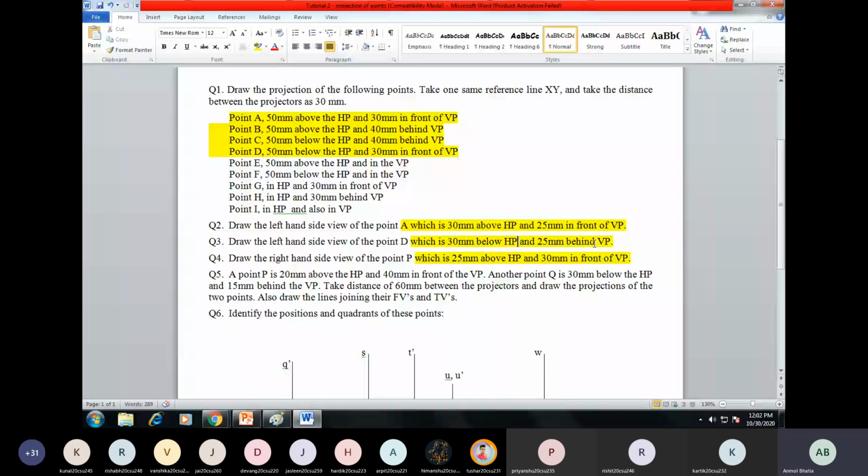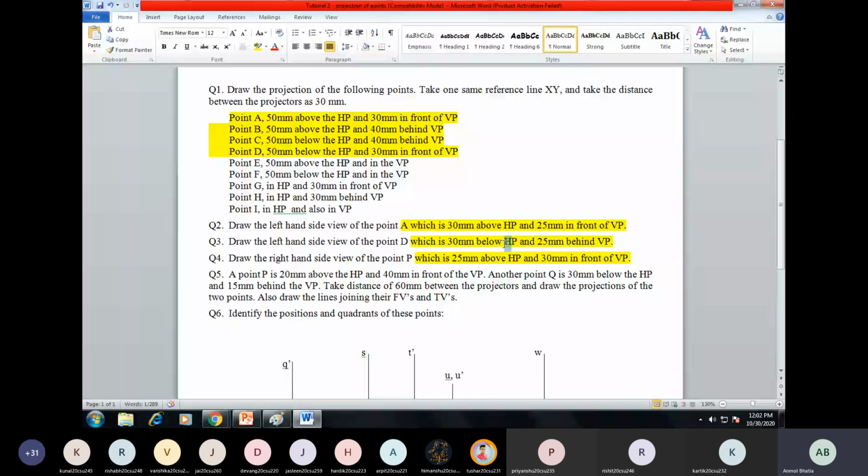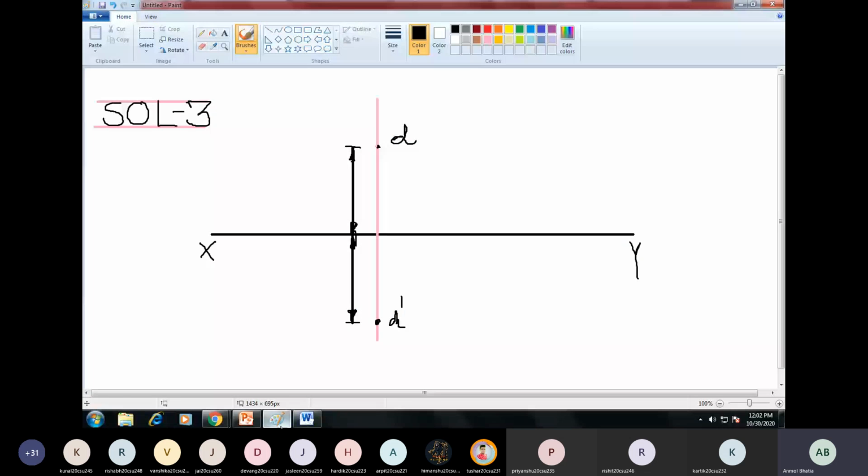So where is the front view? d dash is the front view. So front view distance is connected to HP. So we'll indicate 30 on the front view side and we'll indicate 25 on the top view side. Will not write it horizontally. This is not as per the ISO standard. ऐसा लिखना है आपको जैसे मैंने लिखा ना 30 और 25 इस तरह से लिखना है.